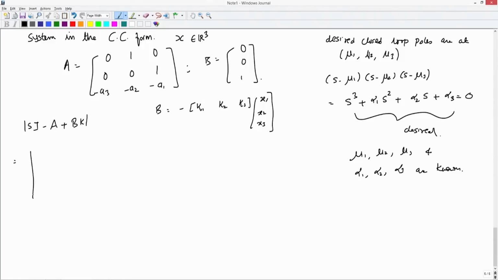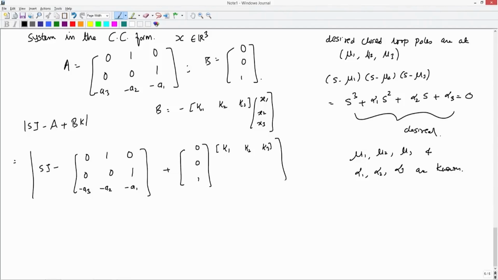So, this would simply be sI minus, what is A? 0, 1, 0, 0, 0, 1, minus A3, minus A2, minus A1, plus B, which is 0, 0, 1, with some K1, K2, K3, and this minus will show up here.